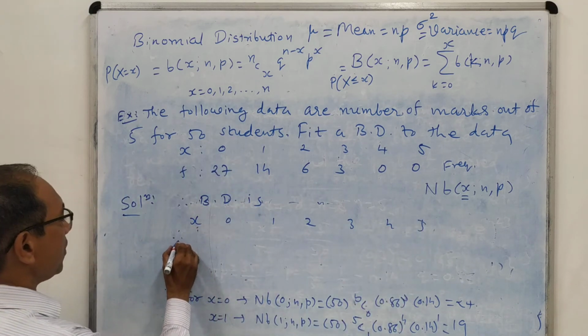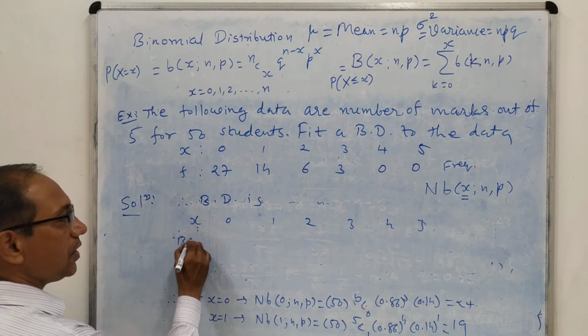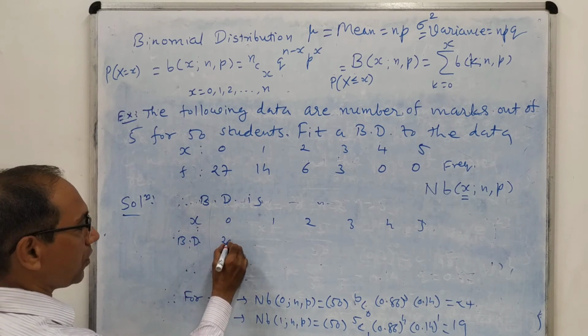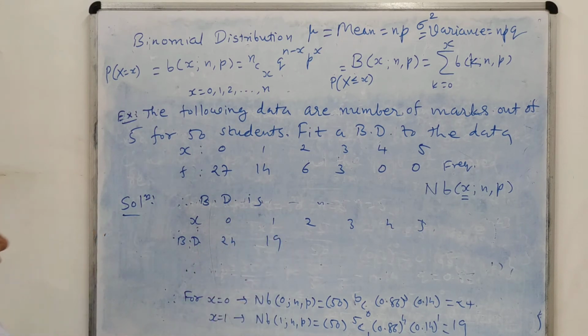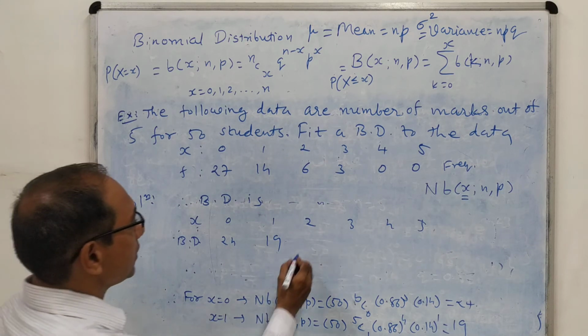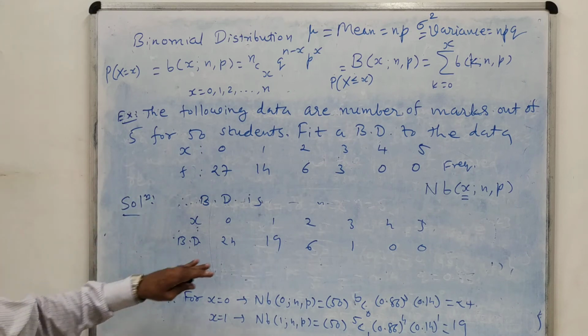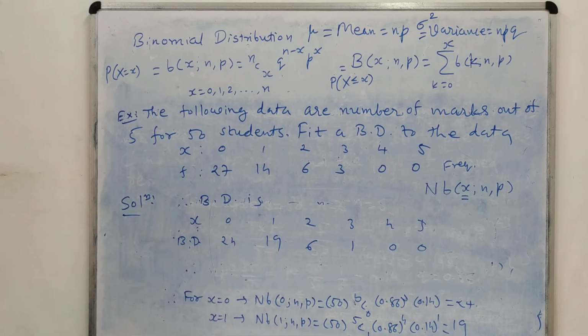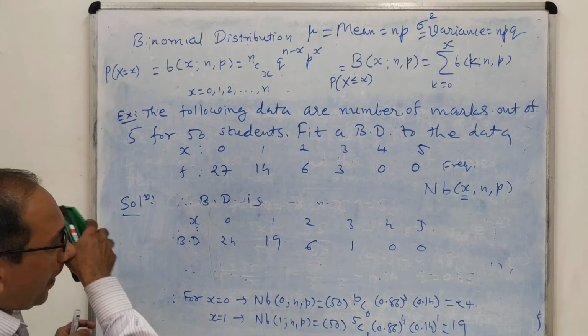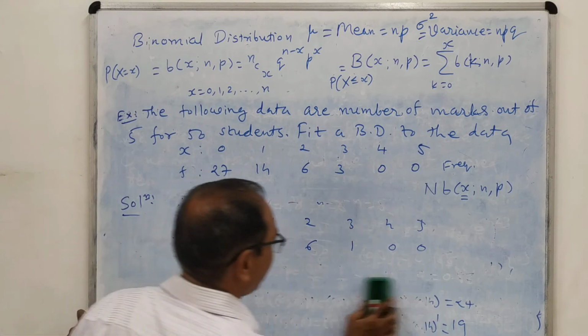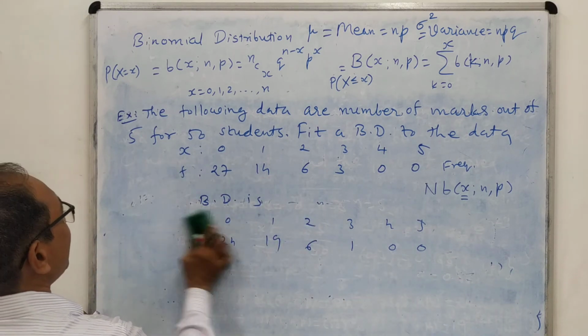And here the binomial frequency for x equal to 0 is 24, for x equal to 1 it is 19, and for the rest of the values it is 6, 1, 0 and 0. So this is the required answer.